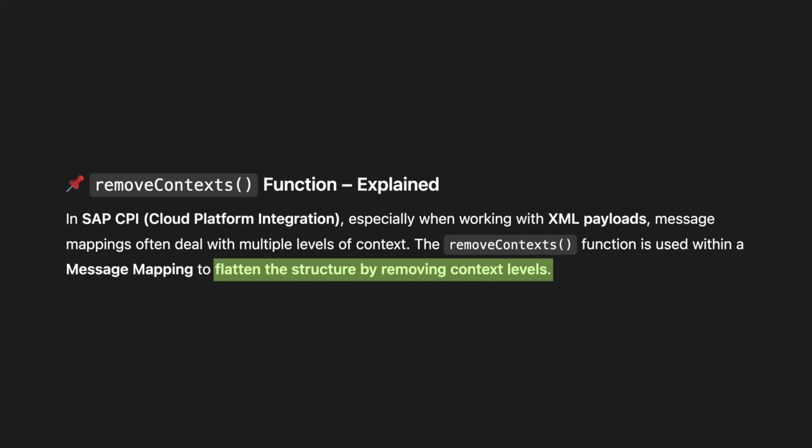So you use this removeContext function to remove the context levels between the nodes and keep all the nodes in one context. The main purpose of removeContext is it removes all the context changes and brings all the values from the inbound XML to the same level, which means it is bringing all the nodes into one context.